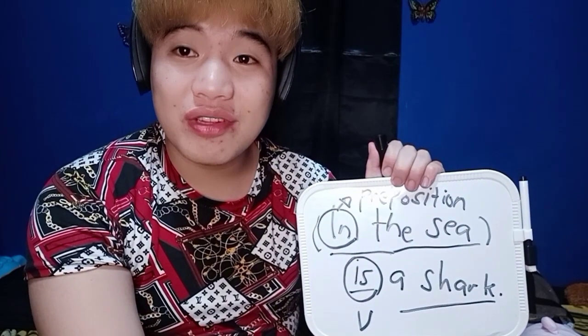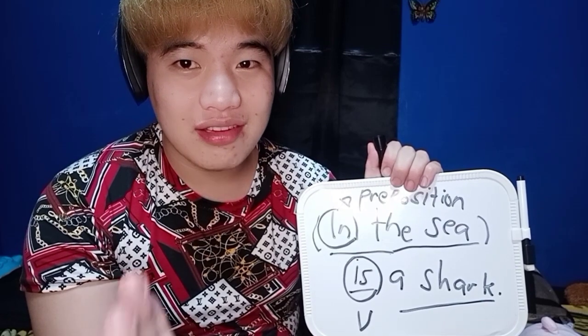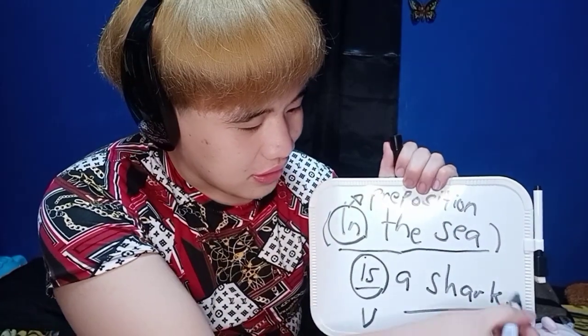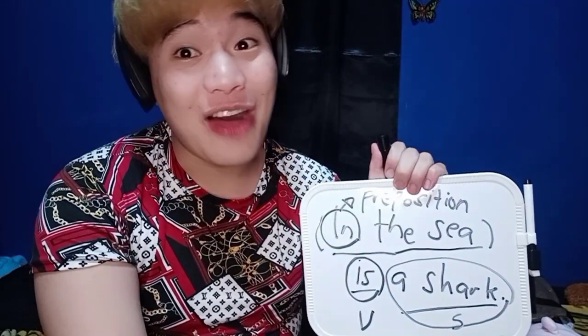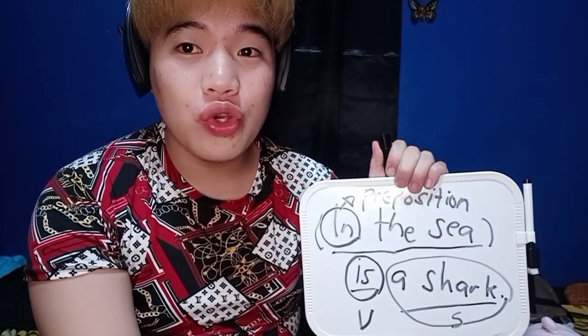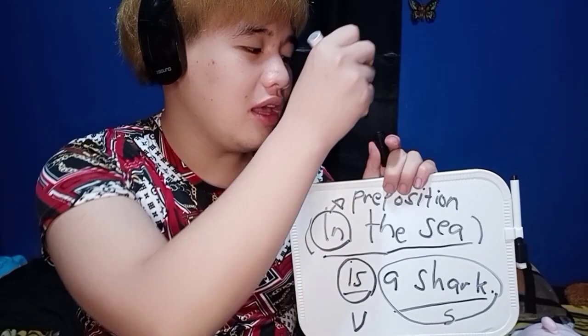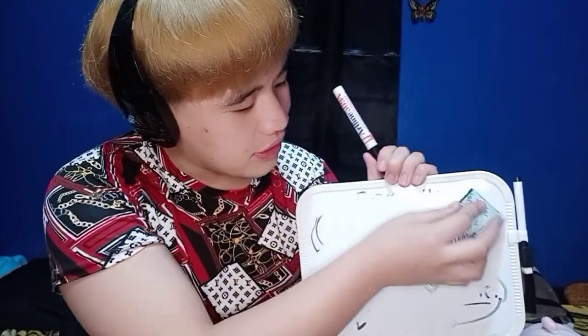It's a prepositional phrase. Can a preposition be a subject? The answer is no. So the subject in the sentence is "a shark." Why? Because it's a noun. So always remember, when you are locating the subject in the sentence, it must be a noun or a pronoun.